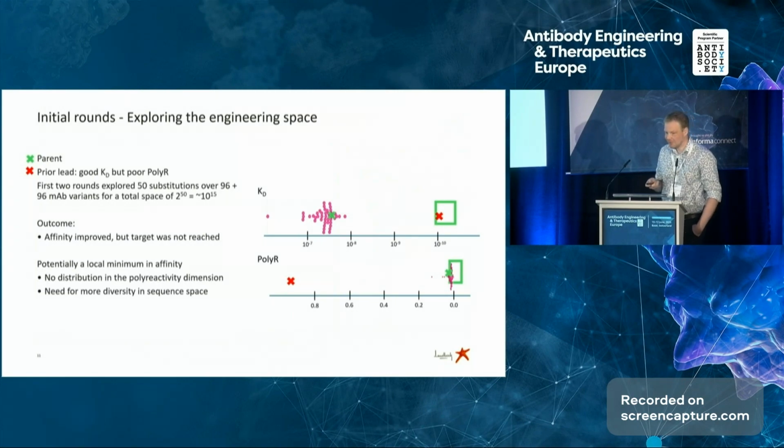What we found was that in these 2 rounds we didn't really push the affinity to any great extent. We did not move the polyreactivity either. What is shown here on the right is the KD and the poly-R of the first round, and the second round did not manage to push the KD much, and not into the target zone where we really wanted to be.